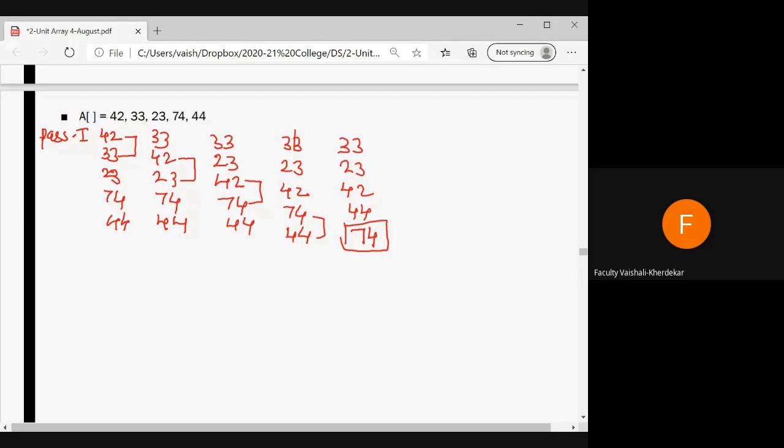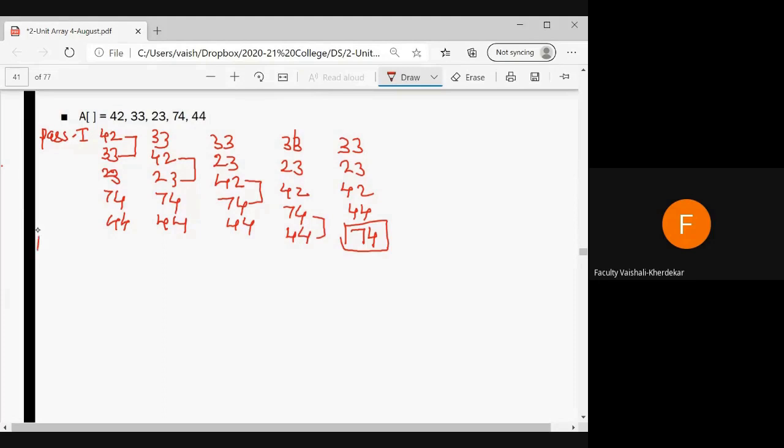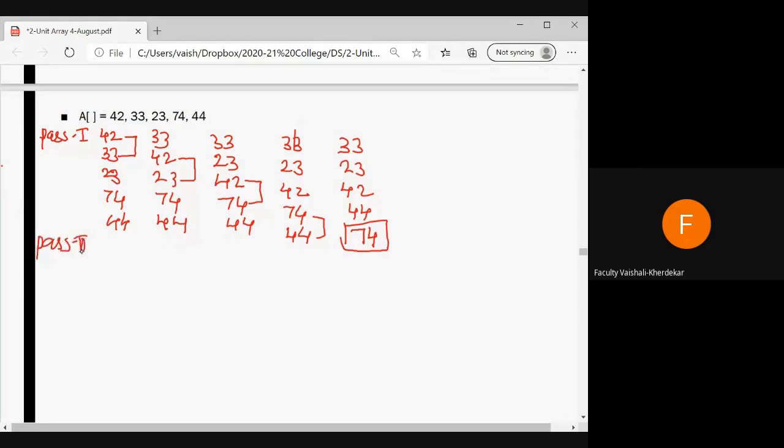This is your last element and this is pass 1. In this way, in pass 1 we get the largest element at the last position. Then in pass 2, we will see how many such passes there are. Pass 2. In the second pass, consider this sequence: 33, 23, 42, 44 and 74.